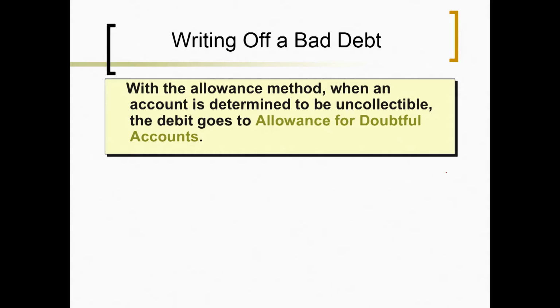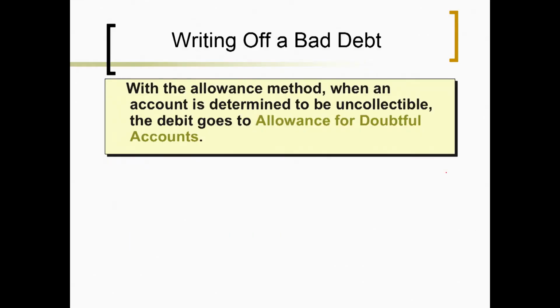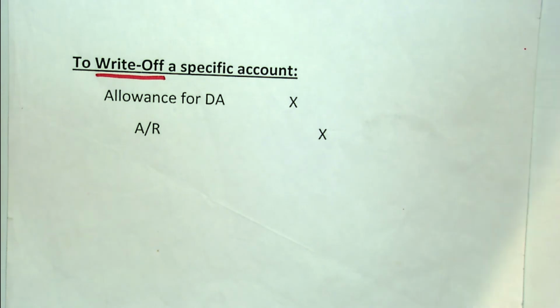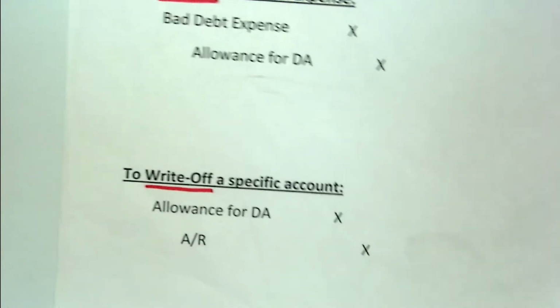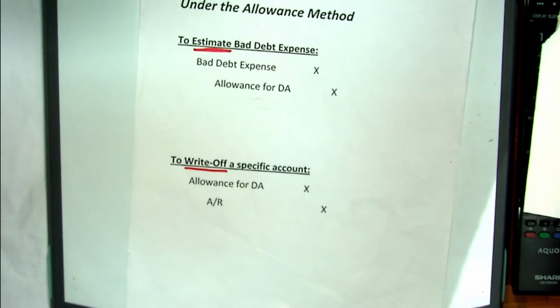Now we're talking about writing off a specific account. We know about a specific customer who's not going to pay us. Maybe we read in the paper that they went bankrupt or something. Now, when we use the allowance method and we write off a specific account, this is the journal entry. Let me put them both on the document camera so you can contrast them.